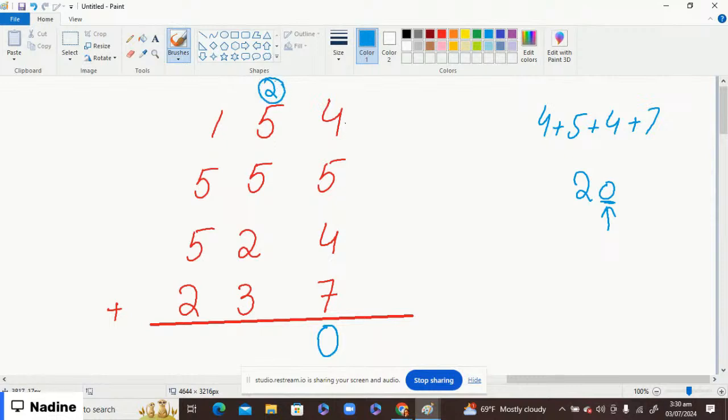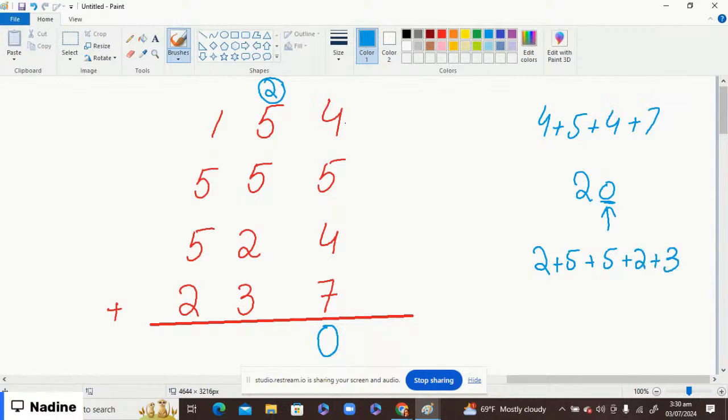Okay, understand? Now just add all of it. How many digits are we going to add now? We are going to add all of it, including the 2. So 2 plus 5 plus 5 plus 2 plus 3.